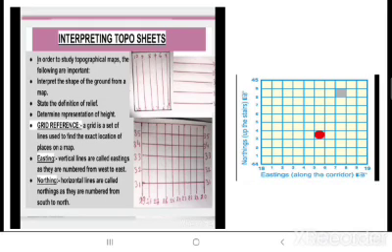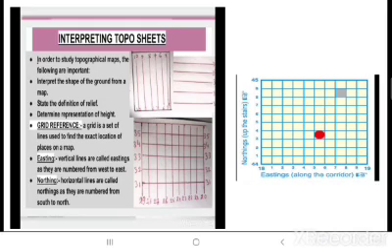When you see a topo sheet, you can see there are horizontal and vertical lines present over there. So a grid is what? A grid is actually a setup of lines to locate the exact location of a place on a map.